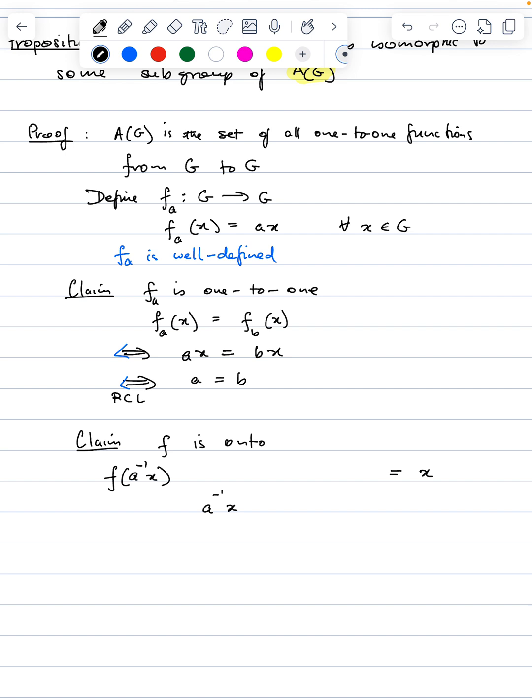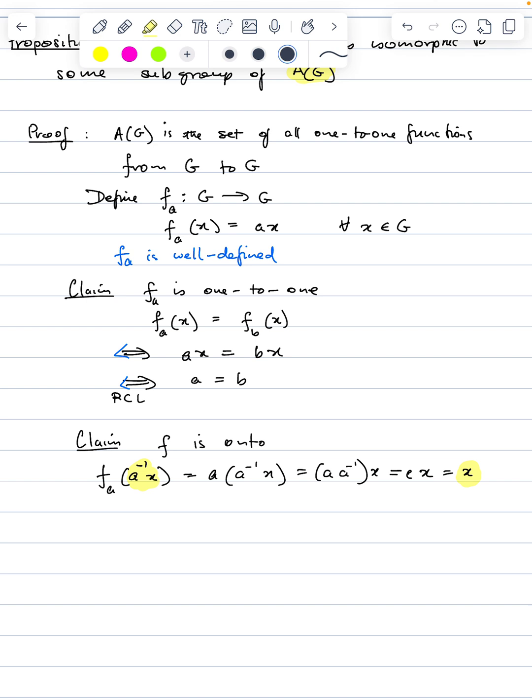So this would be F subscript A inverse X, let's be precise here, is equal to A times A inverse X. And by the associative property of groups, you get this, and that's just E of X, and that's equal to X. So here we had to do a little bit of trial and error to take an element X of G and then come up with its pre-image.